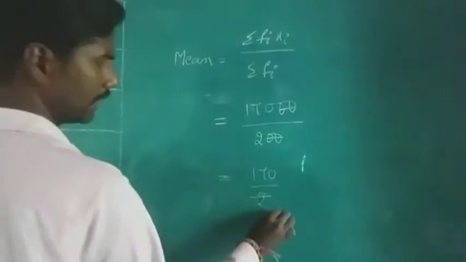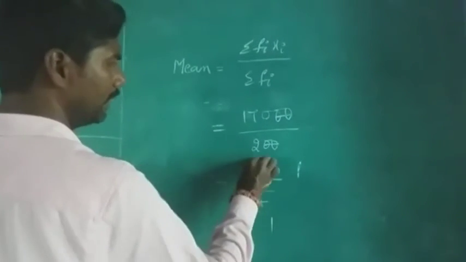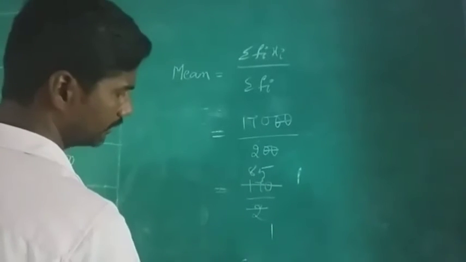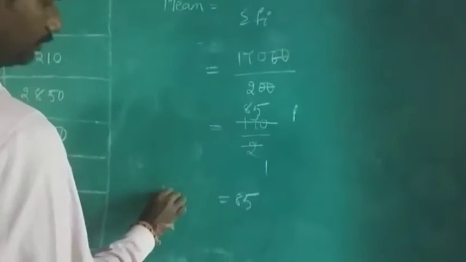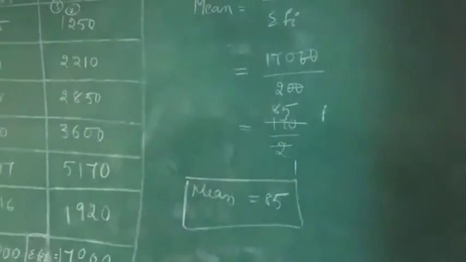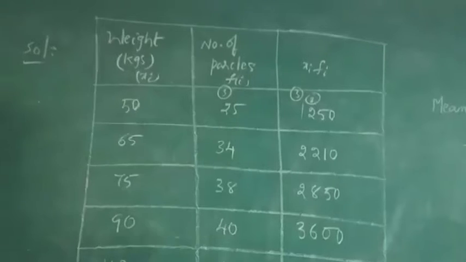You can do the cancellation: 2 ones are 2, 2 eights are 16, 2 fives are 10. So the answer is 85. The mean is 85. Once you observe the solution from start to end, everyone.